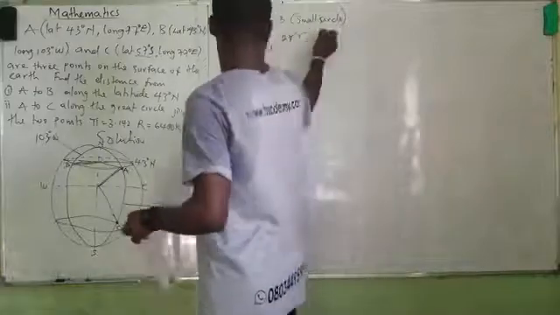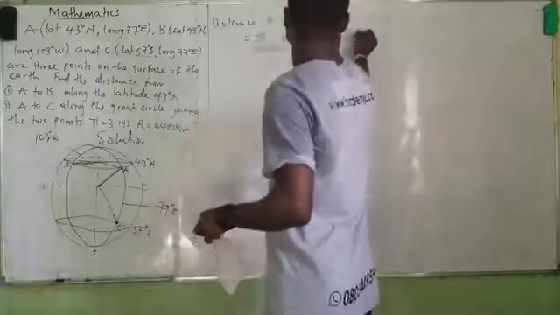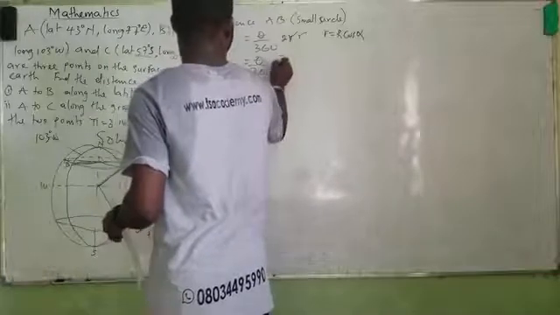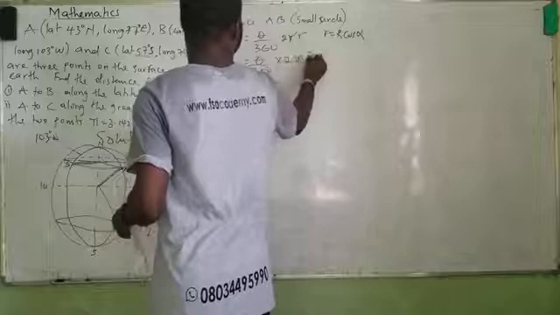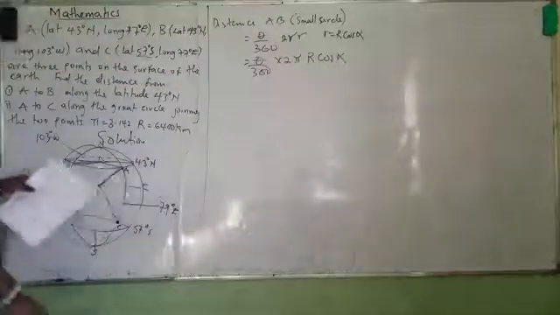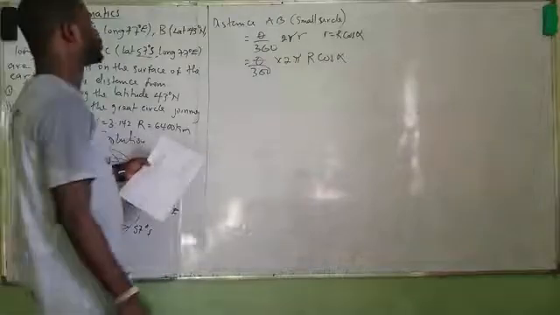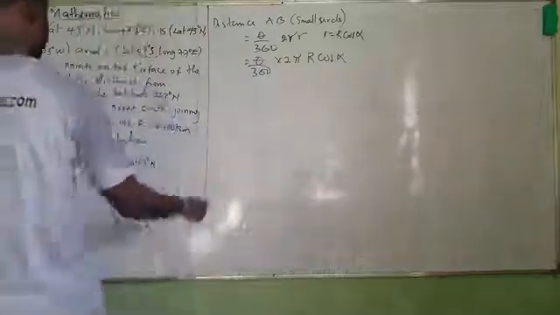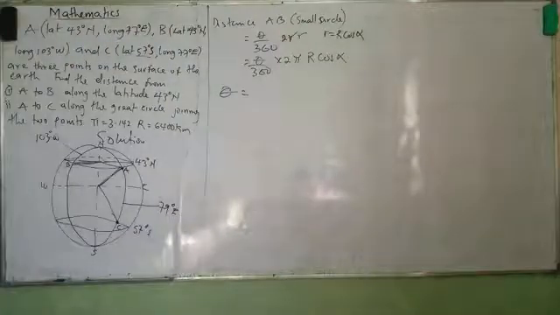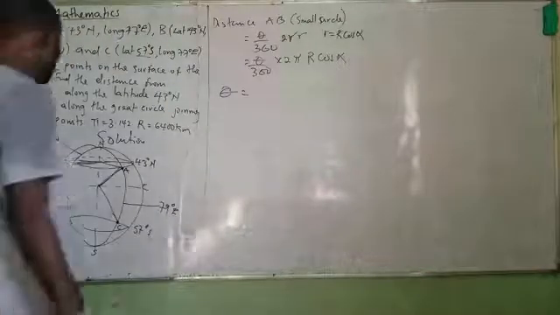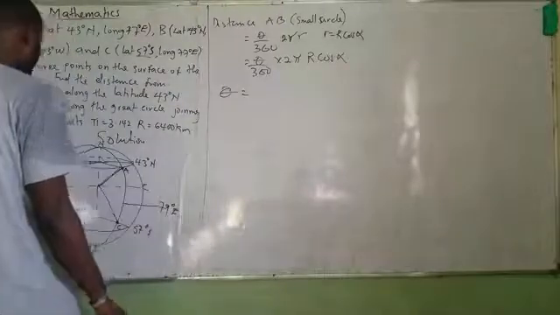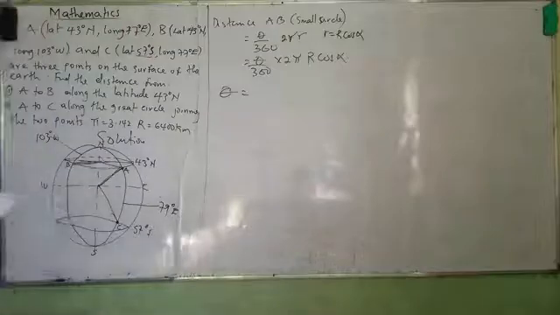And don't forget, my r is given as big R cos alpha. So I will be having theta over 360 multiplied by 2 pi big R cos this. Since I have that, I can now put in those numbers. What is my theta? My theta will be equal to, don't forget, we are talking about 10 and 10 something, and now it will be 79.